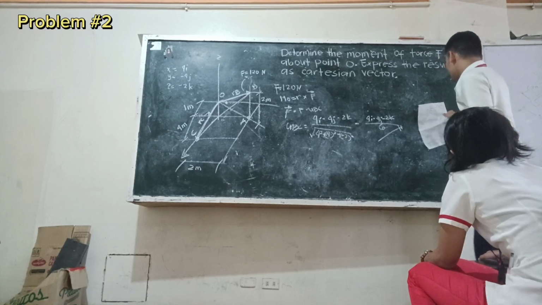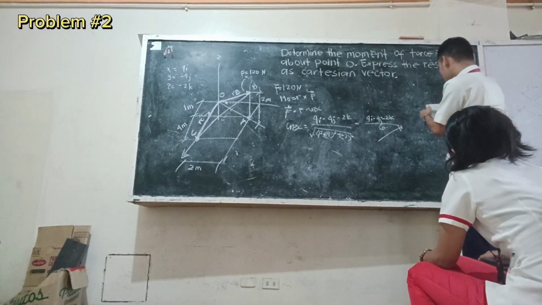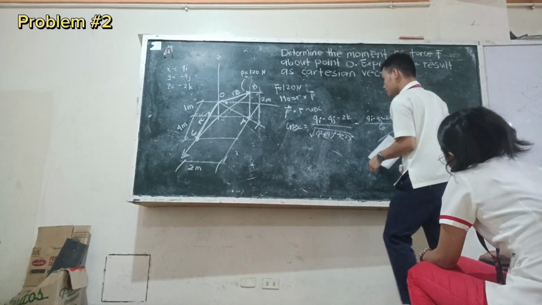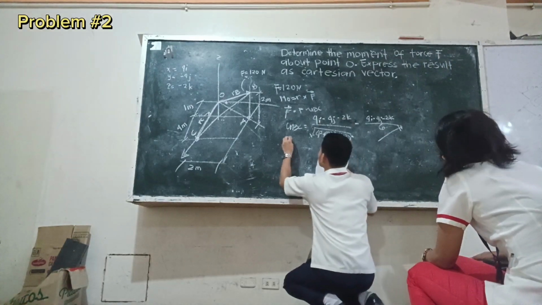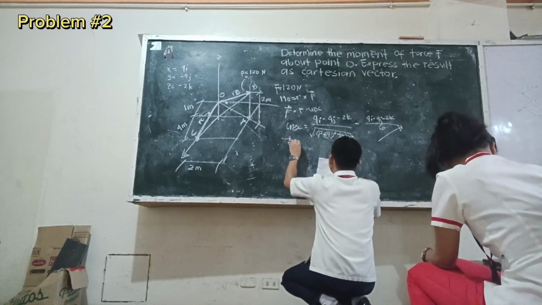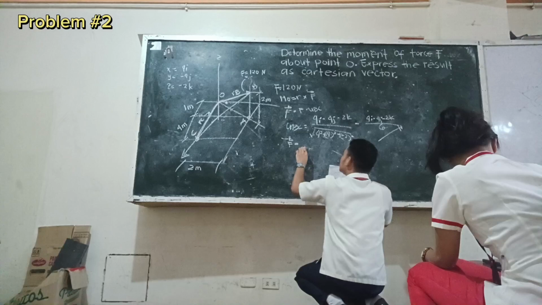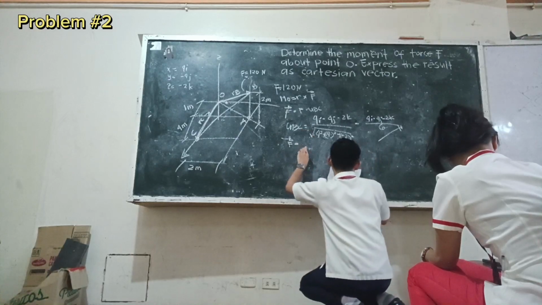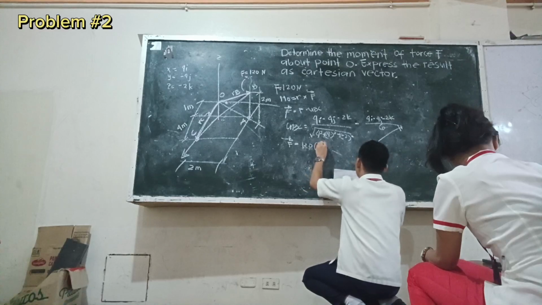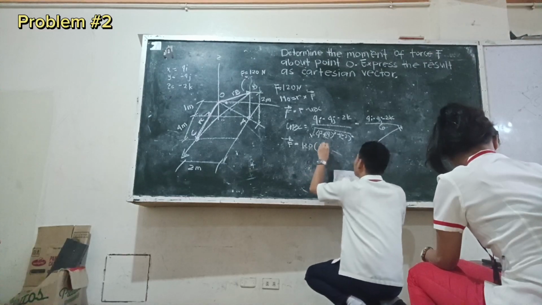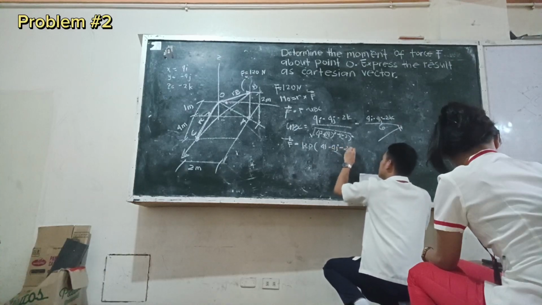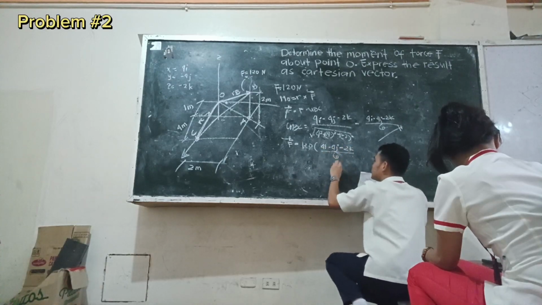So now let's find the force presented as a Cartesian vector. F is equal to 120, since we have the value of F, times the components 4i minus 4j minus 2k all over 6.